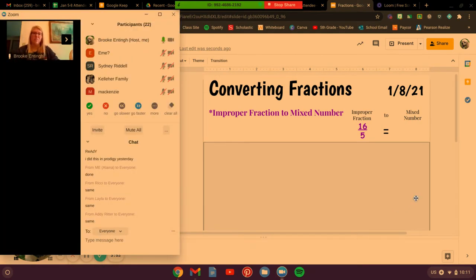This is going to be the top half of our notes. We want to convert 16/5, which is an improper fraction, because that numerator on top is larger than our denominator. We want to convert that to a mixed number. So once you have improper fraction to mixed number, and 16/5 written down, go ahead and type in the chat box that you're ready to move on.